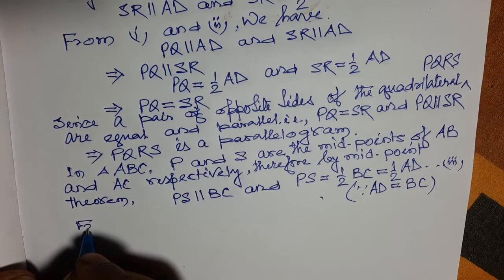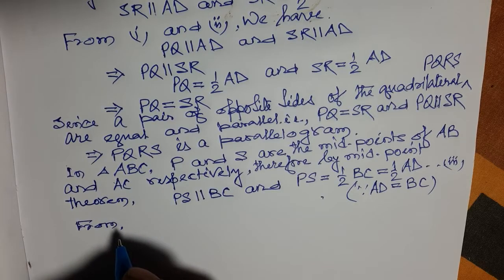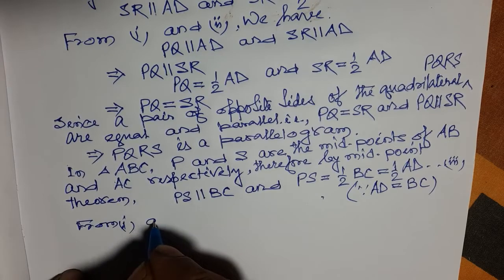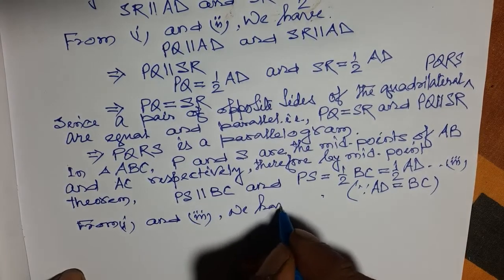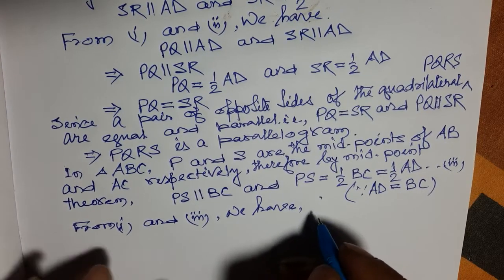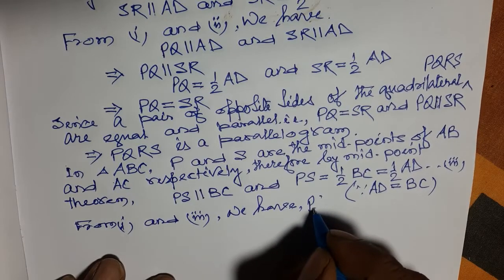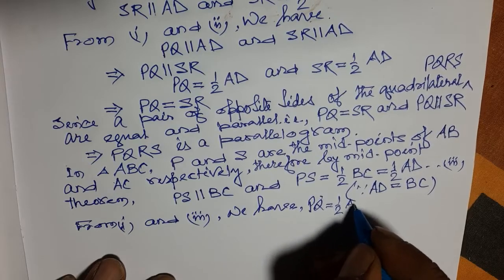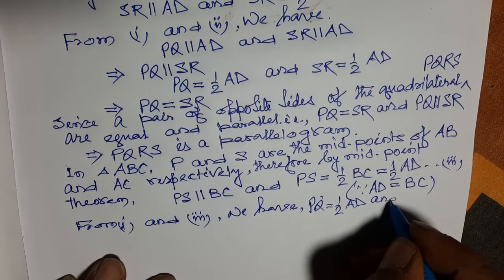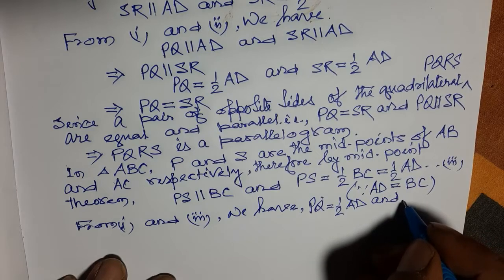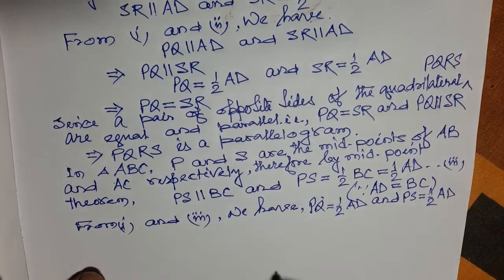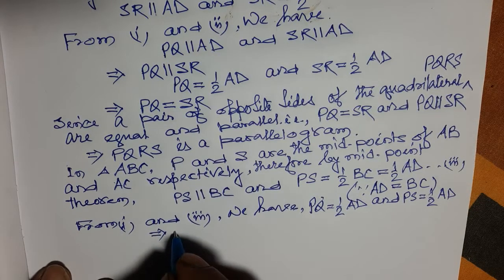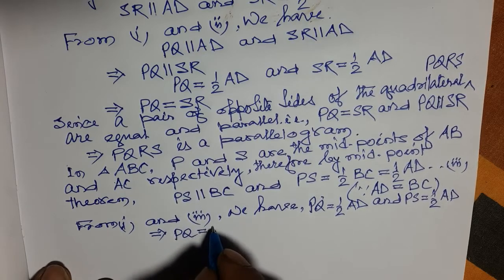From 1 and 3, we have PQ is equal to half of AD and PS is also half of AD, implies PQ is equal to PS.